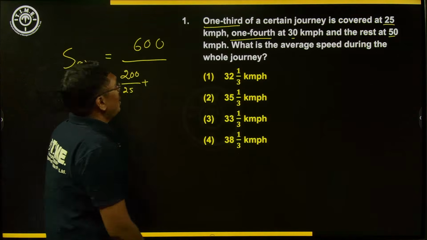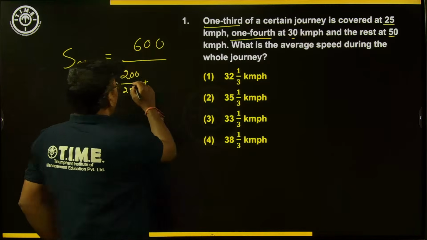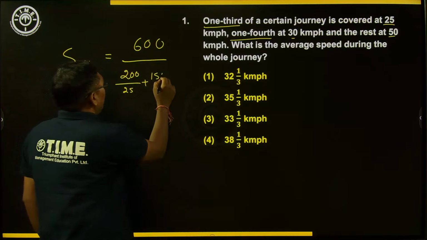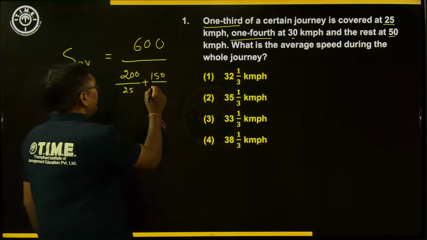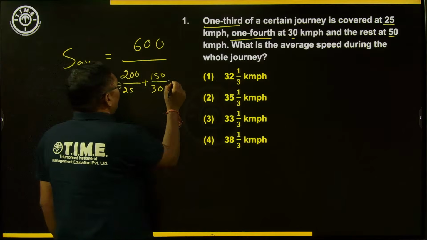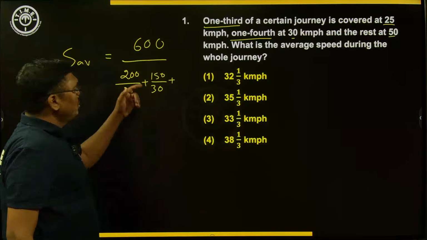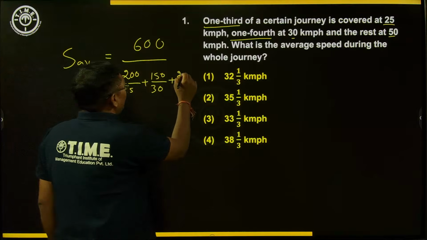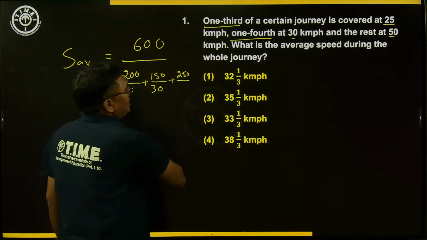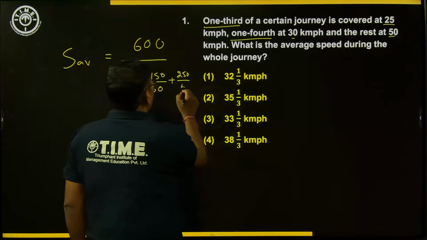And one fourth of the 600 is 150. This 150 kilometers is covered at a speed of 30 kmph, and the remaining distance is 250. So this 250 kilometers at a speed of 50 kmph.